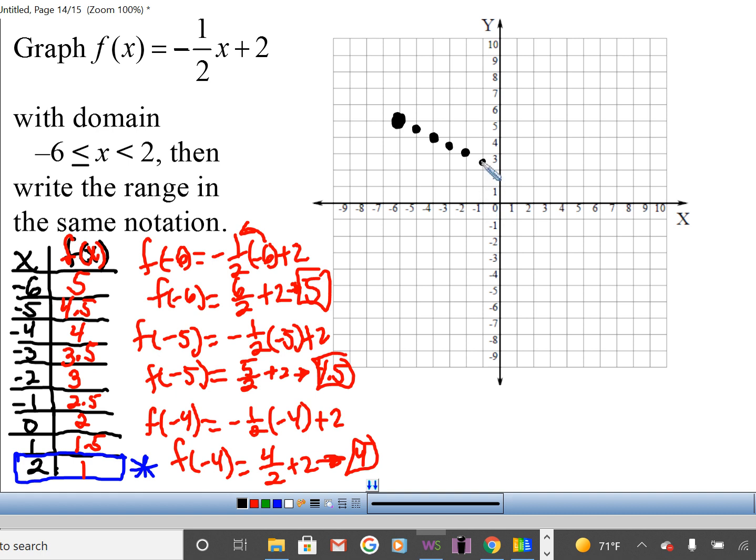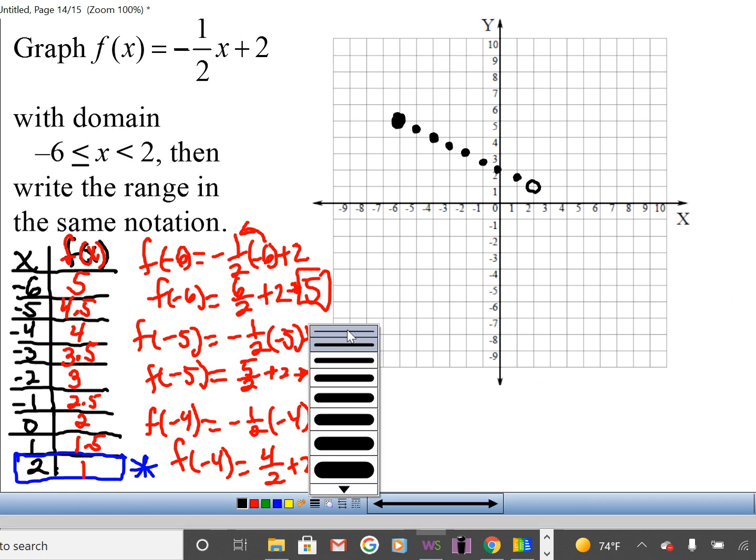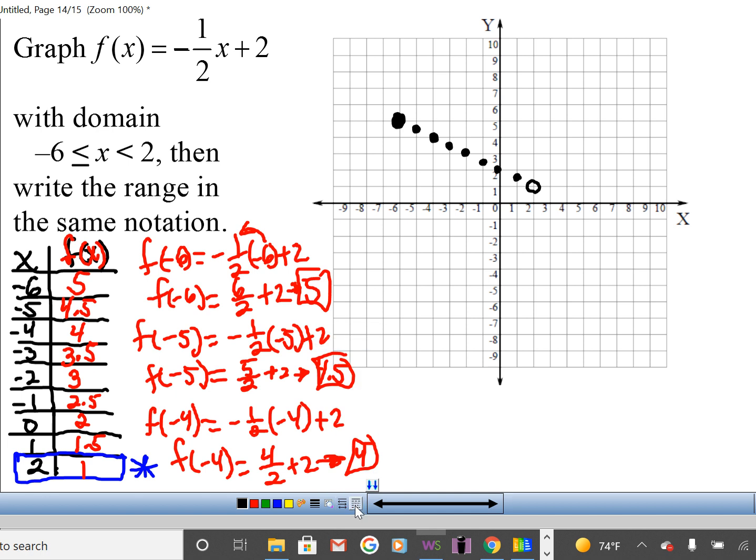Negative 1, 2.5. 0, 2. 1, 1.5. And look what I do with 2, 1. Look up. Yes? Open point, because that's not going to be included, but we need to show it on our graph. So, question. Arrows at the end? Tell your neighbor yes, why, or why not?